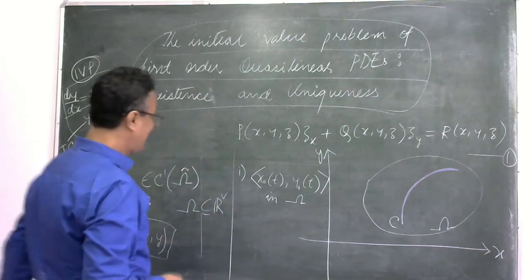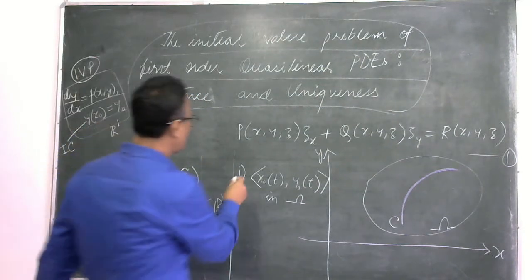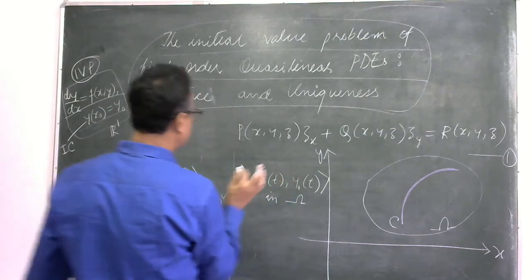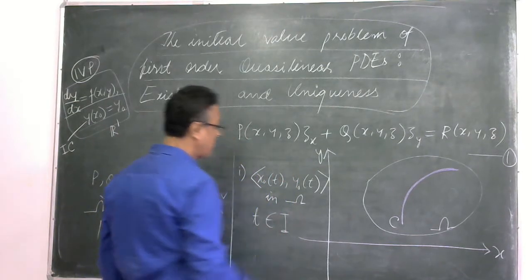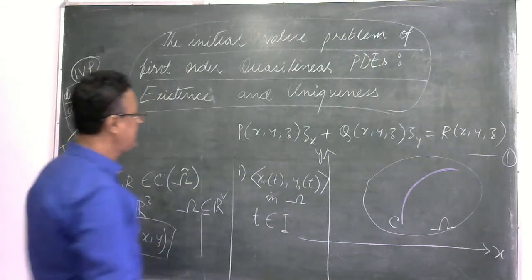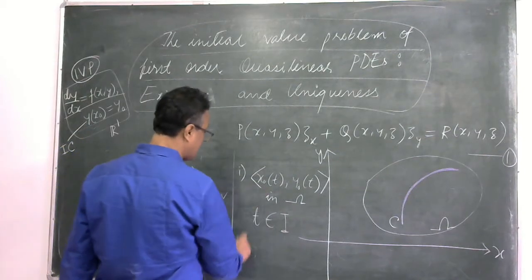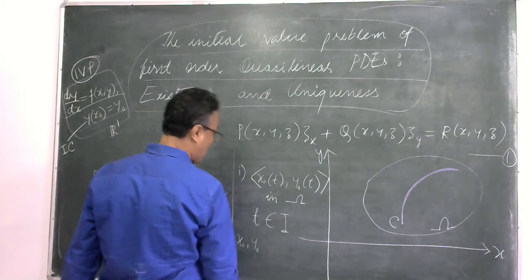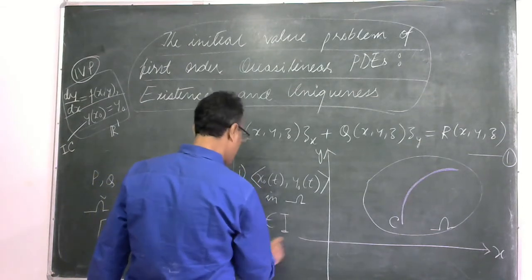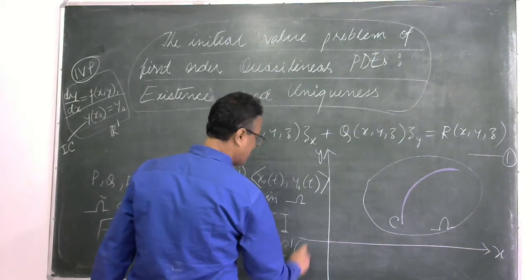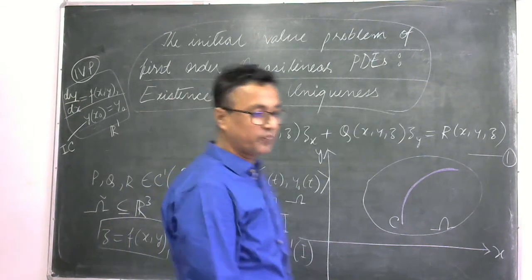Where your t belongs to some interval I, and of course this x naught, y naught, they are C1 in I. So far so good, right?